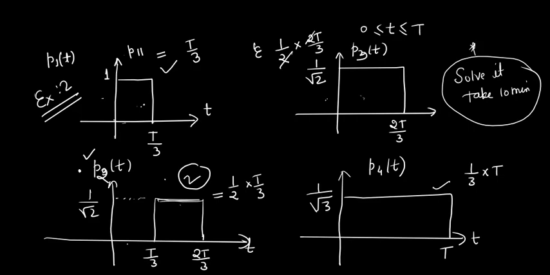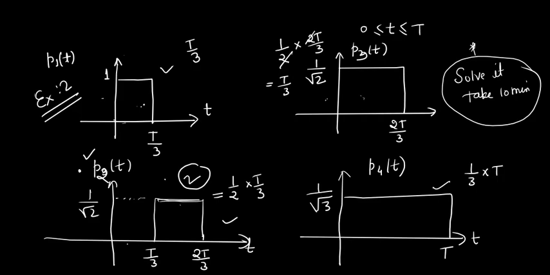Just write the energy of each. Look, what is the energy of this? If this is the case, I would take it as 1 so that I can make all of them, I want all of them to have the same energy.